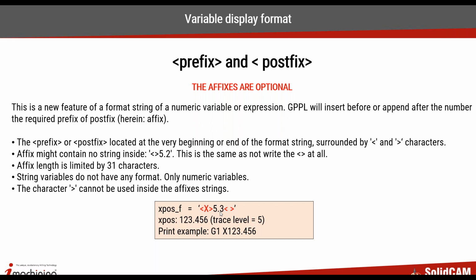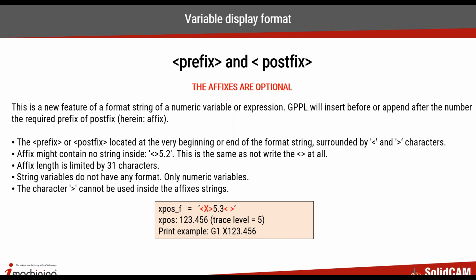So these can be only used on numeric variables and are not obligatory. So you don't have to use them. They are defined between the greater than and less than characters, and the maximum length is 31 characters, as it is said. So this is most commonly used to define the axis letters, like you see here.